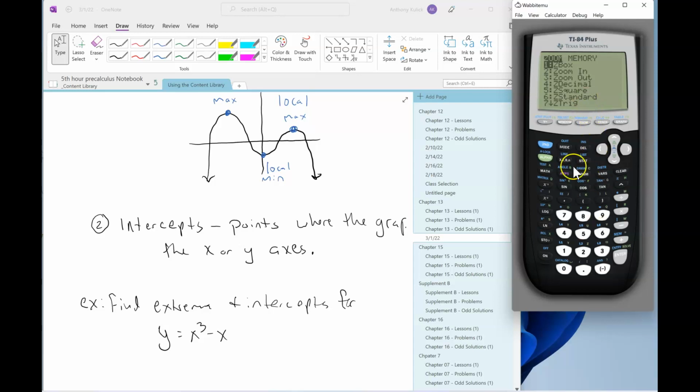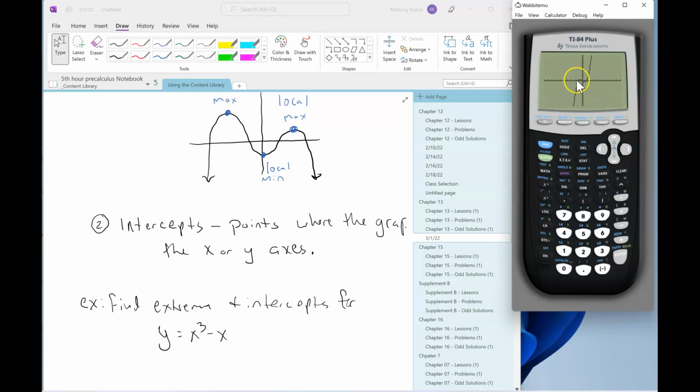The zoom standard is a nice way to return my window to something sensible for graphing a regular polynomial. Everybody's okay with that? Just like the zoom stat was a nice shortcut for a scatter plot, the zoom standard gives you something where you can at least see what you graphed.